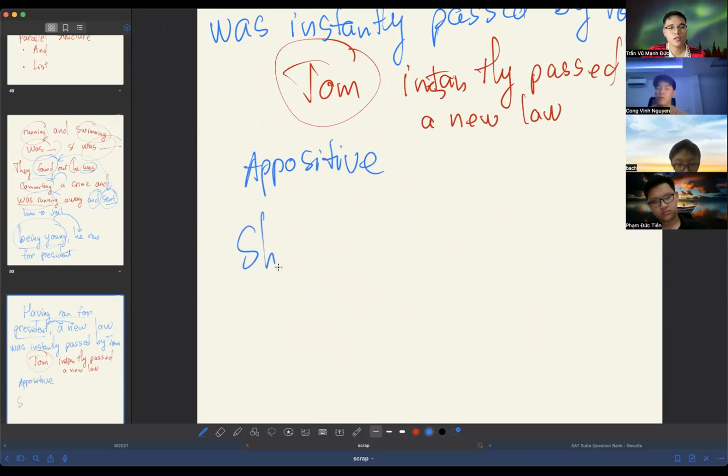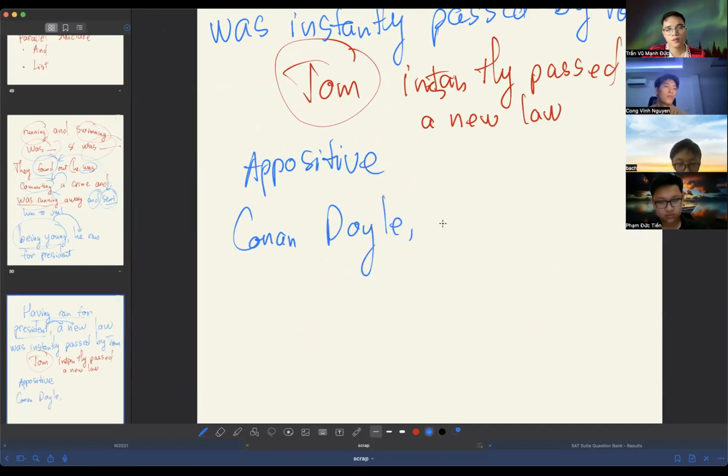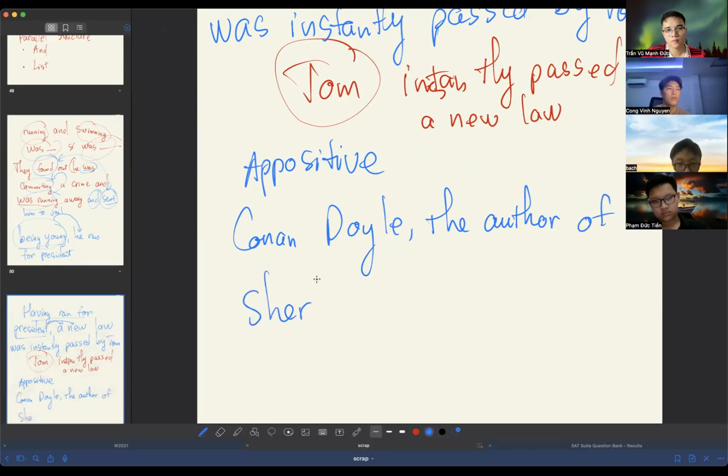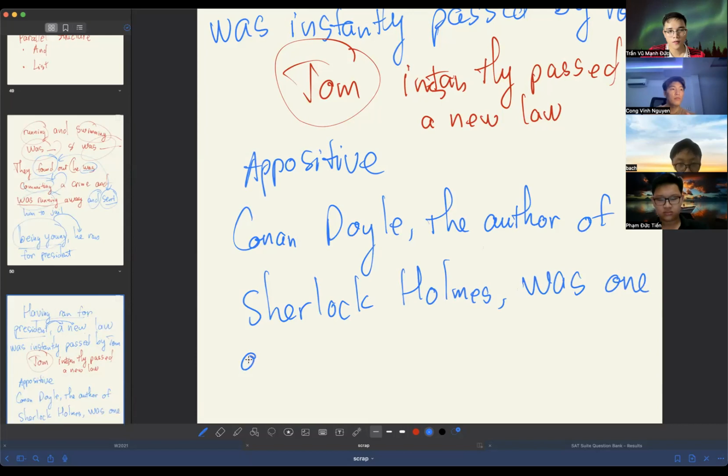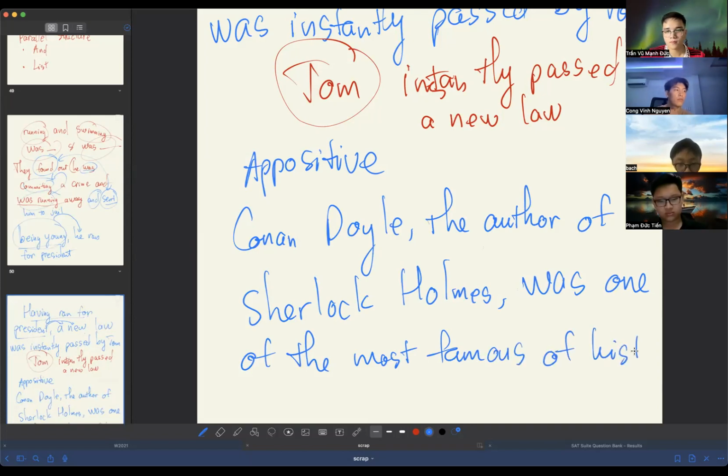For example, "Conan Doyle, the author of Sherlock Holmes, was one of the most famous of his time." All right, this is an appositive.